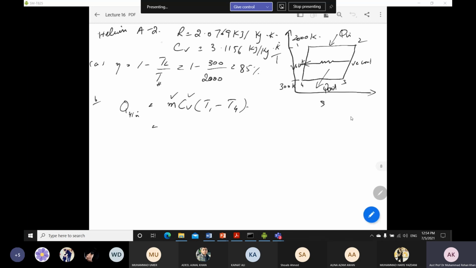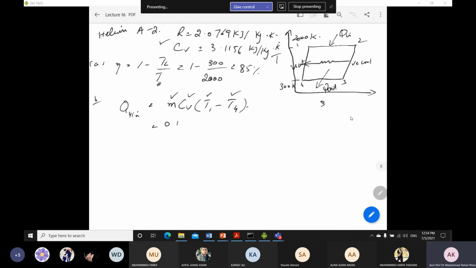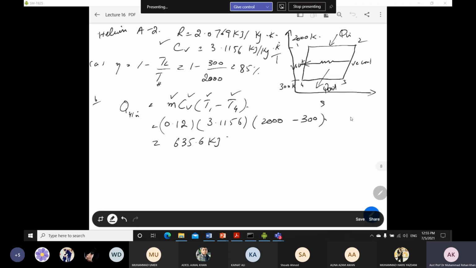The Cv value we can get from table A-2. The T1 value is known to us from the problem statement, and the T4 value is also known to us. So we can just simply put in the values. T1 is 2000 and then 300. If you solve it, it turns out to be 635.6 kJ for Q41 in.